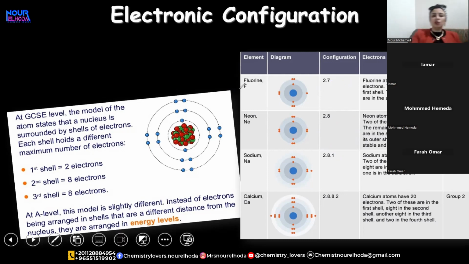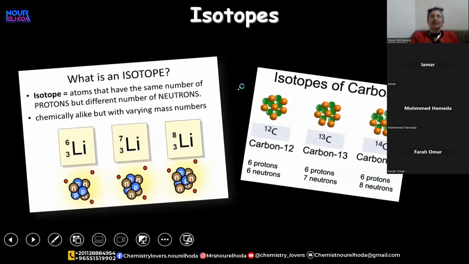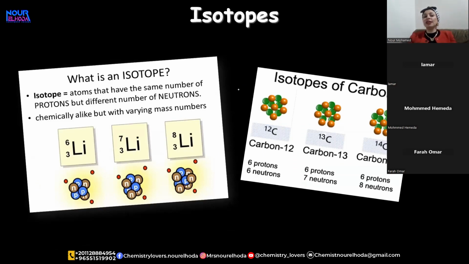Right, let's continue. Still, we have 2 parts for atomic structure before we go for bonding. The first question that all the time we're going to find for Edexcel and for Cambridge: what's meant by isotopes? This is a very common question. Isotopes are atoms of the same element, which have the same atomic number but different mass number.